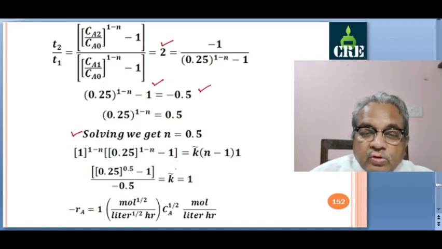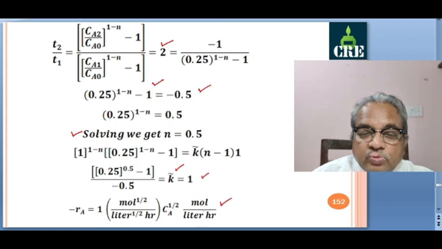So the value of rate constant I get as 1. So the rate law becomes minus Ra is equal to k Ca raised to half. K is 1, so 1 into Ca raised to half.